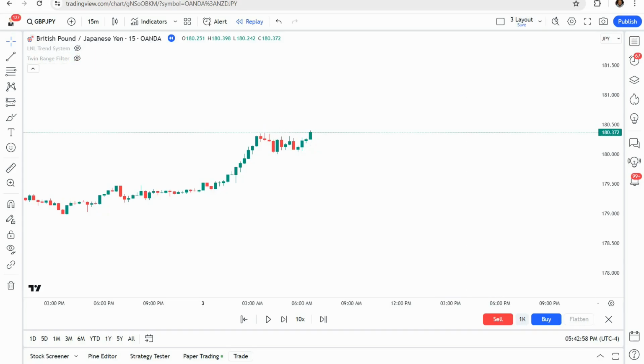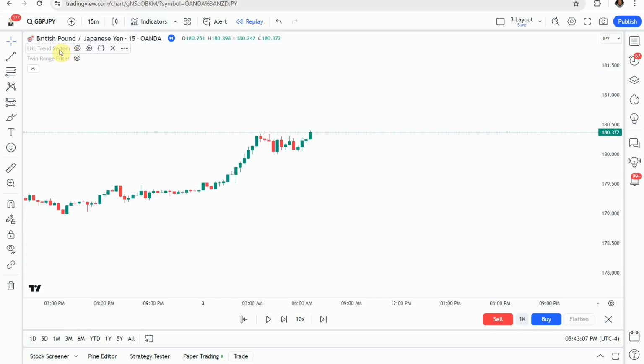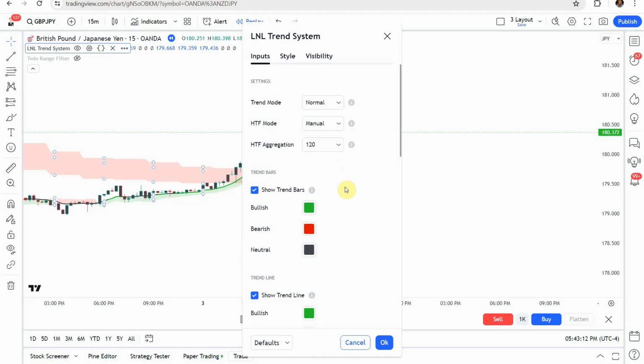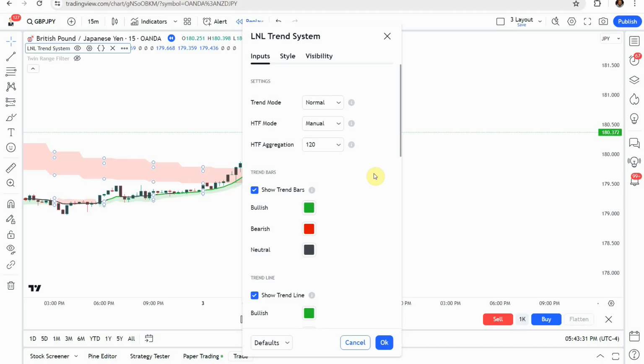And so the first indicator you will add to the screen is going to be the LNL trend system, this one right here. Click that, add it to the screen, and go ahead and jump into the settings. We're going to make a few changes here. So under the HTF mode right here, you're going to change that to manual. And under the HTF aggregation here, you're going to change that to 120, like that.